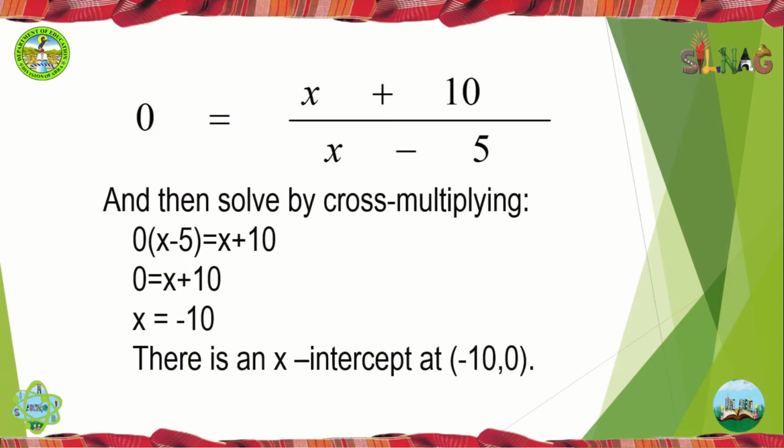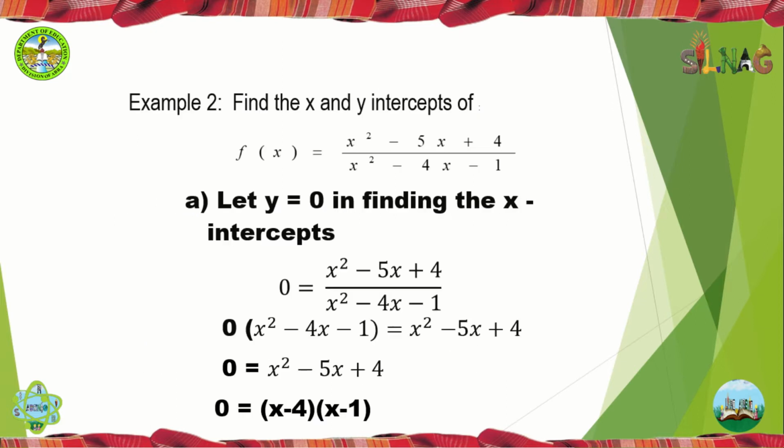Then we solve for x, so we transpose 10, and x is equal to negative 10. So there is an x-intercept at negative 10, 0.